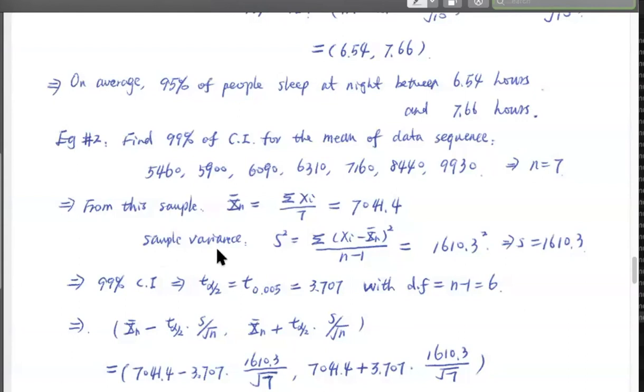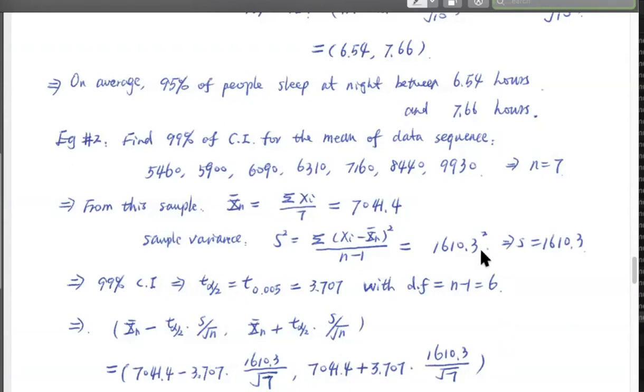Sample variance, we have this beautiful formula to calculate it for us. Then we got the sample standard deviation, S. So in other words, in this question, are we given the population standard deviation or the sample standard deviation? None of them, right? So the sample standard deviation we have to calculate by ourselves. That's the trouble one.